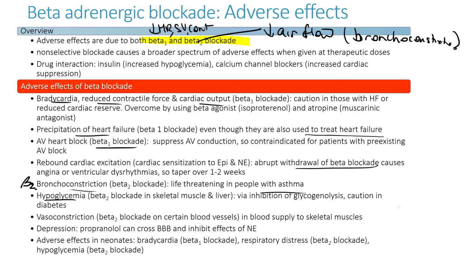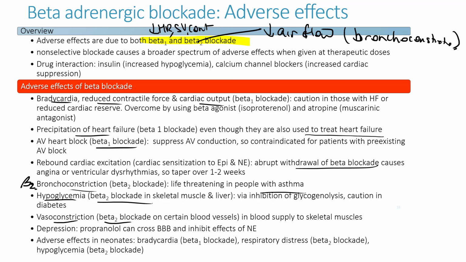It can cause hypoglycemia due to beta 2 blockade in the muscle and liver. Again, very important to watch for in people with diabetes. Beta receptors are also found in certain blood vessels that supply the skeletal muscle, and so it can cause vasoconstriction of those blood vessels.